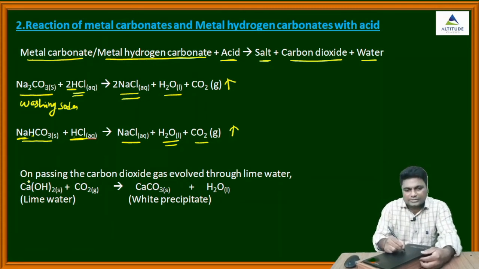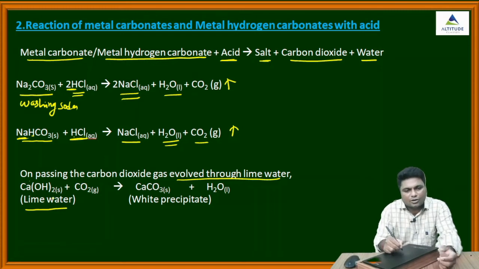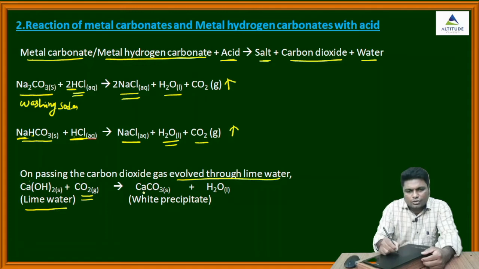Now see, how do you test carbon dioxide? On passing the carbon dioxide evolved in the reaction through lime water. Lime water means calcium hydroxide. So whatever gas is evolved in this reaction, if you pass it through calcium hydroxide, the calcium hydroxide reacts with this CO2 and you will get a white precipitate.